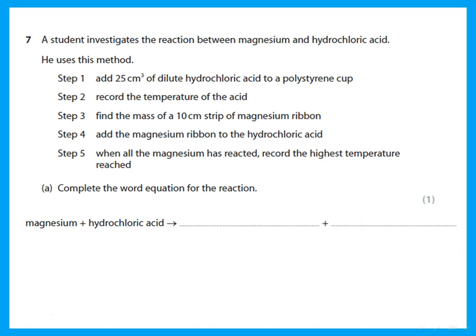When all the magnesium has reacted, record the highest temperature reached. And the first thing is complete the word equation. Again, I'm reminding you, if you want word, you have to complete it in word. Don't try to write symbols. So magnesium plus hydrochloric acid, what should that give you? Metal with acid will give salt plus hydrogen. So this is magnesium chloride plus hydrogen.